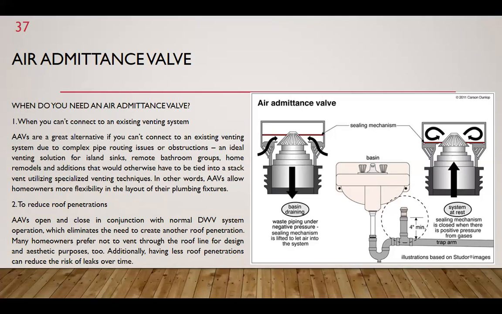Two, to reduce roof penetration. AAVs open and close in conjunction with normal DWV system or drain, waste, and vent system operation, which eliminates the need to create another roof penetration. Many homeowners prefer not to vent to the roof line for design and aesthetic purposes. Additionally, having less roof penetration can reduce the risk of leaks over time.